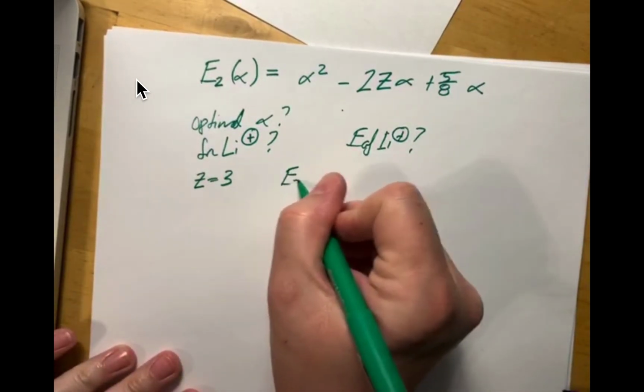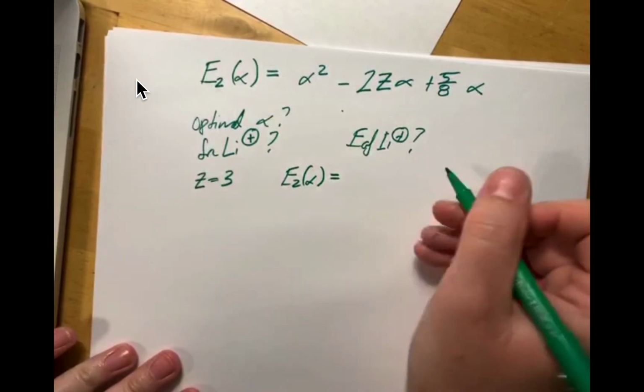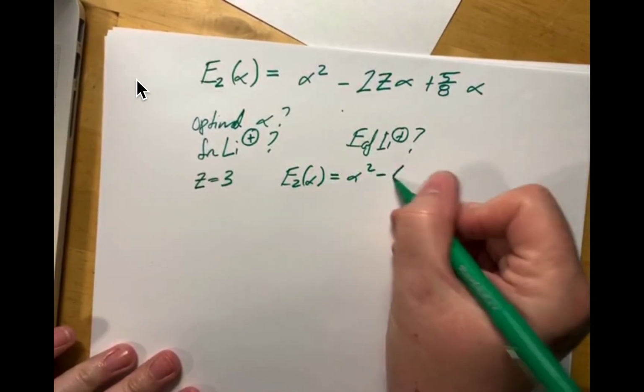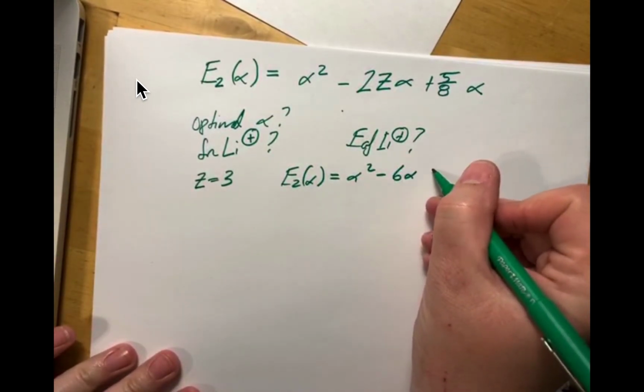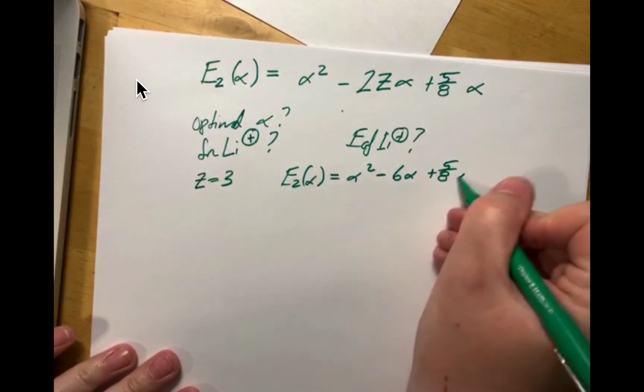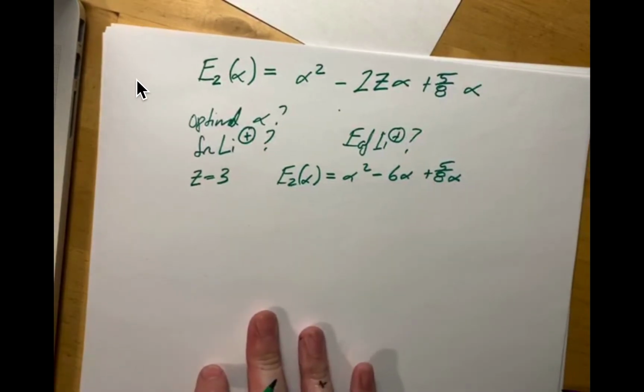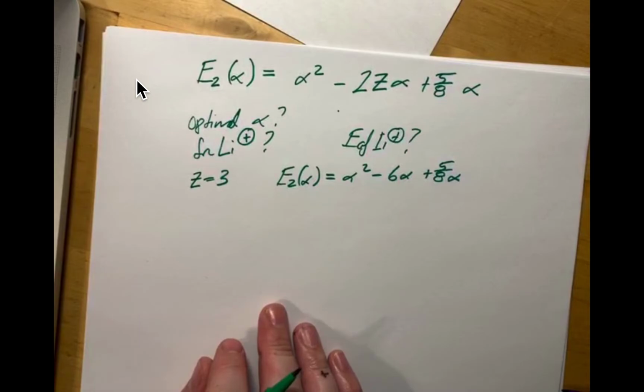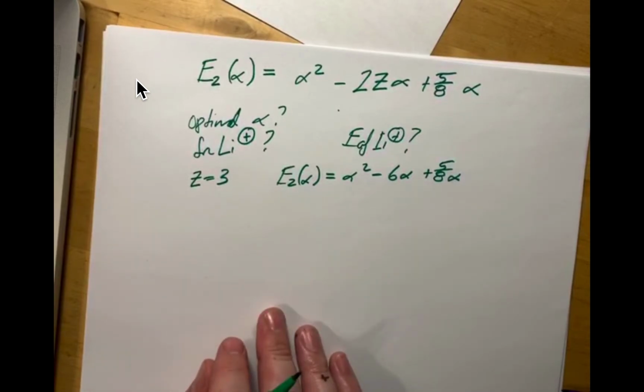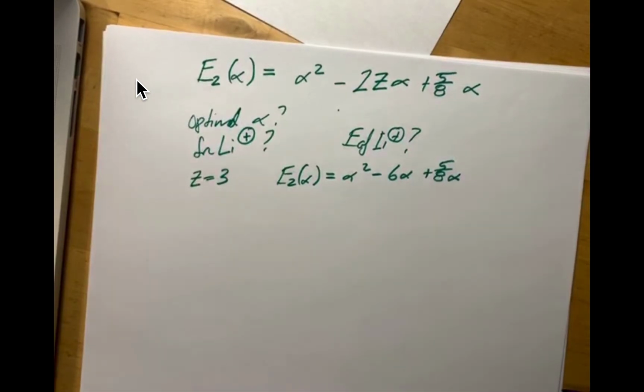So there's a few different ways. So you're asked for what's the optimal alpha, and that's the one that will give you the most negative value of the energy. So there's a few different ways to approach it.